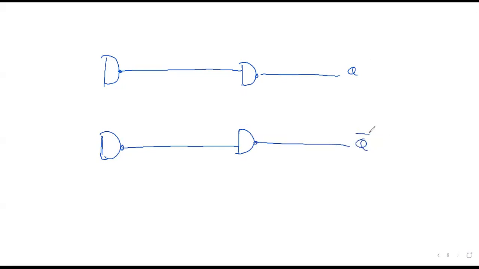This output Q bar, Q complement. Then we have our clock. This is our clock. Then we have our J. We have our K. For the RS flip-flop, the RS flip-flop is like this. We begin here, S and R, with our outputs here like this.